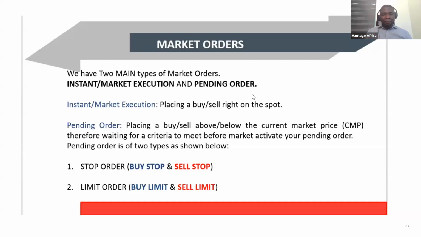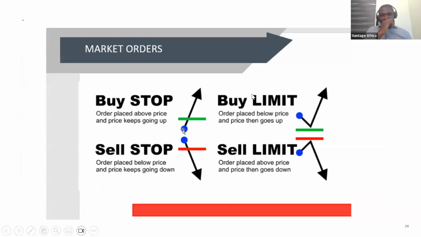So let's look at this. This is more like a pictorial depiction of what we're talking about here, right? We have stop orders on the left, we have limit orders on the right. Okay, so let's look at this.